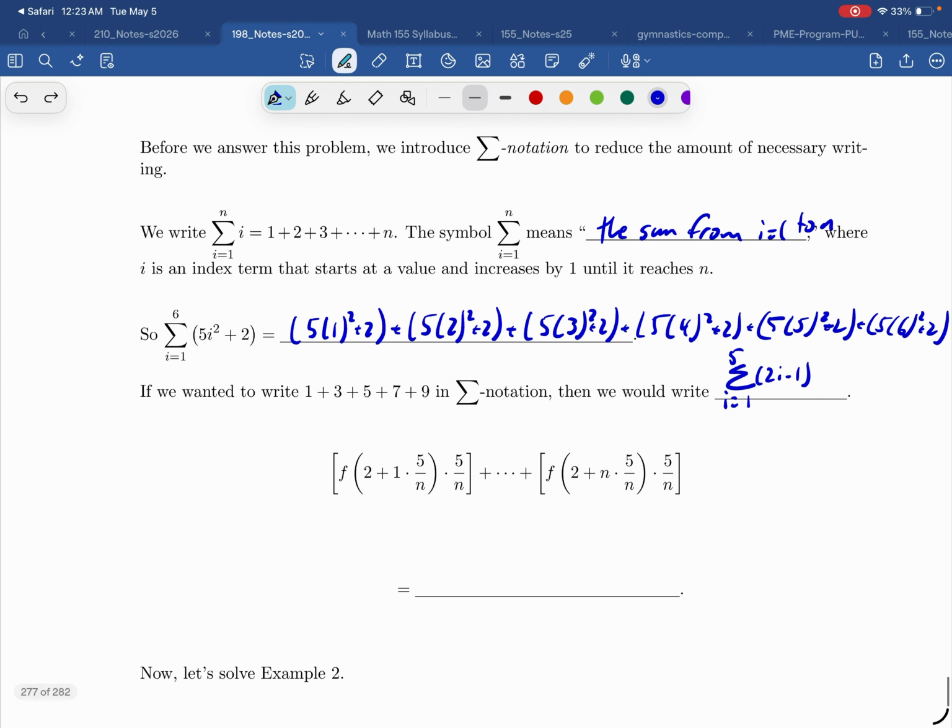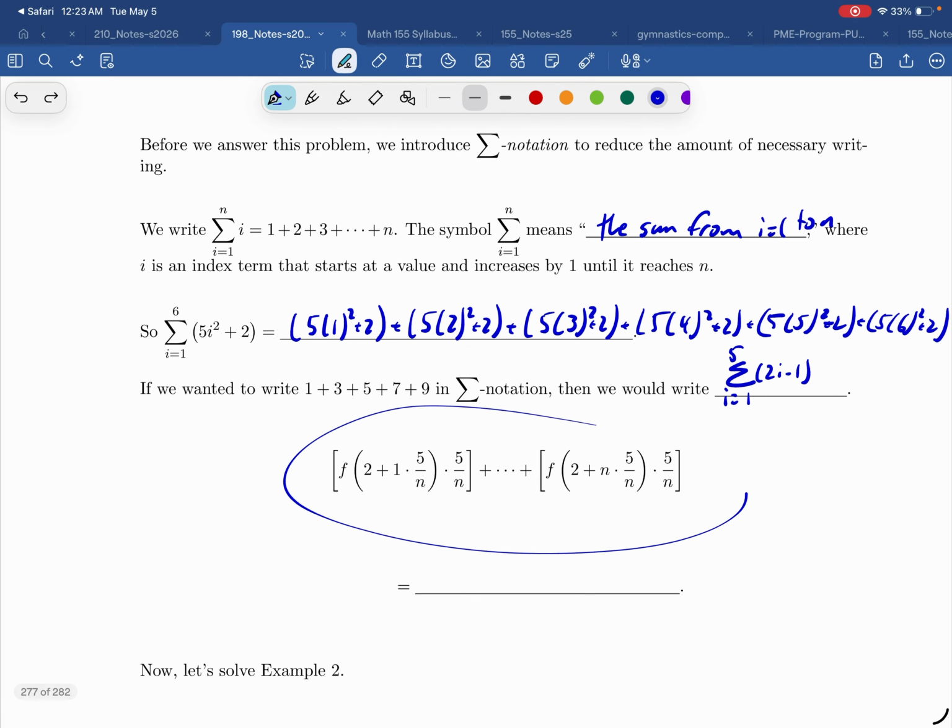So from our previous example, remember we solved this one before? We could have actually written this as the sum from i equals 1 to n of f of 2 plus i times 5 over n, times 5 over n.